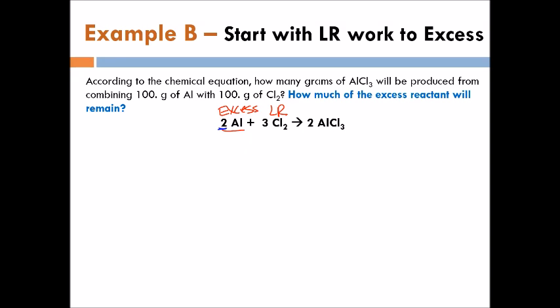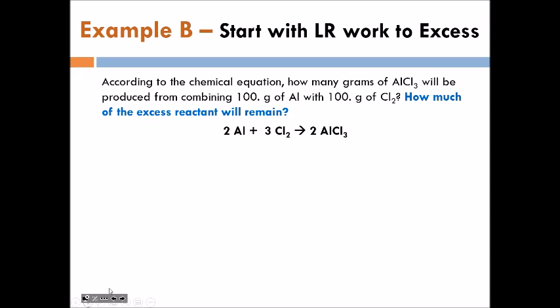Alrighty. Now, moving along. This one we did and completed, but I'm just going to run through the steps again, showing you how you would set this up. You start with your limiting reactant, the amount that you start with, like 100 grams of the chlorine is how much you start with of the limiting reactant.